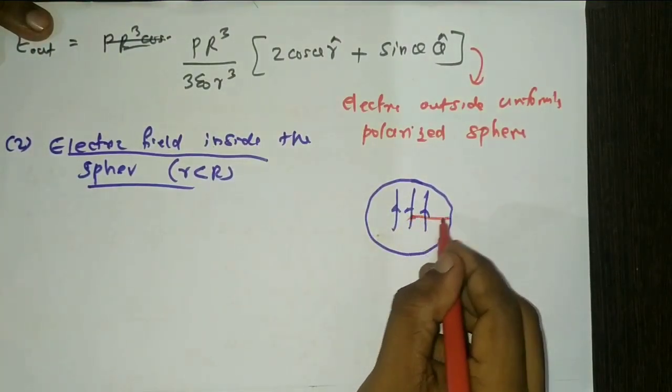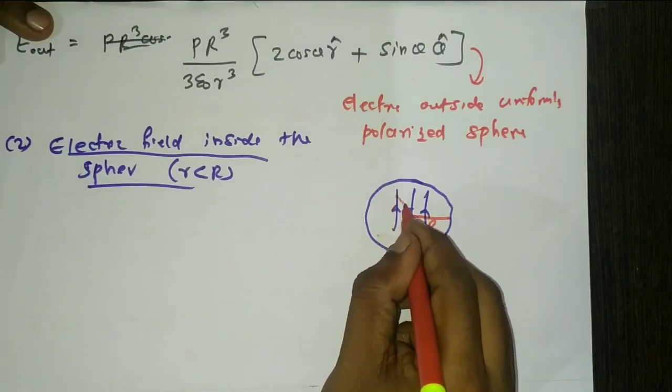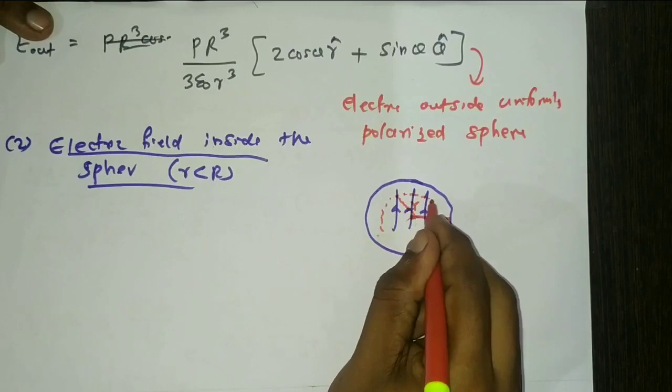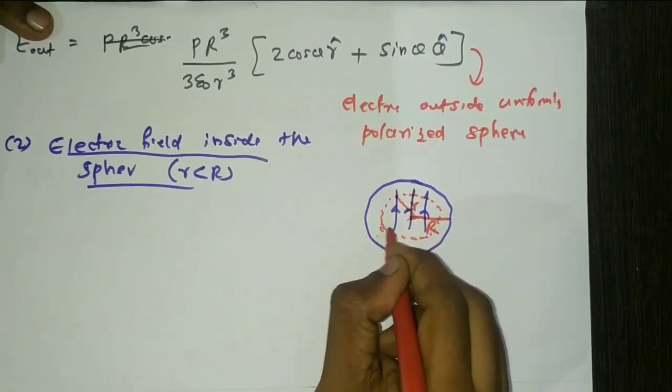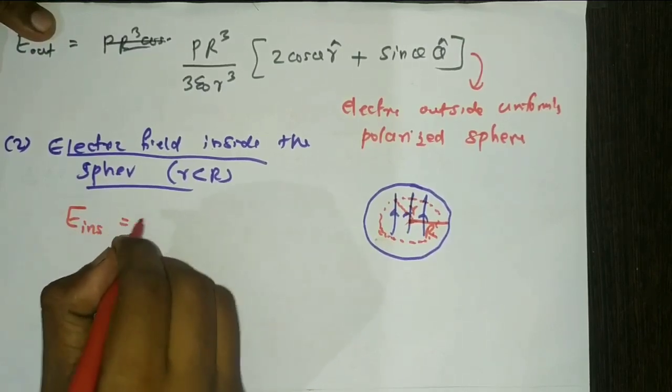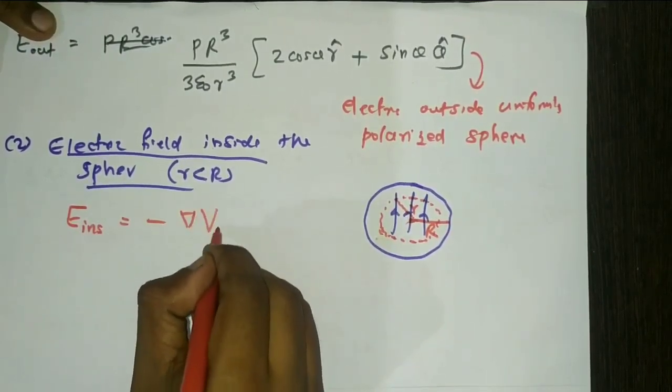Then this is our radius R. Now the point of interest is here. What will be the electric field inside this sphere? That is, E inside can be written as negative gradient of V inside.